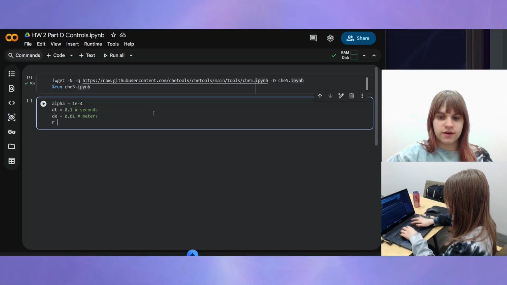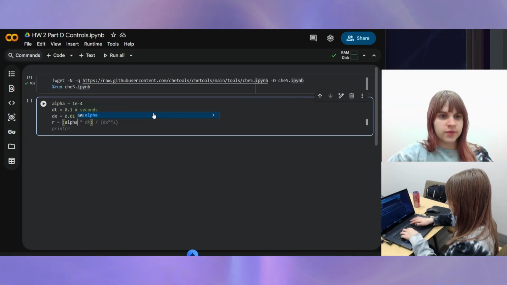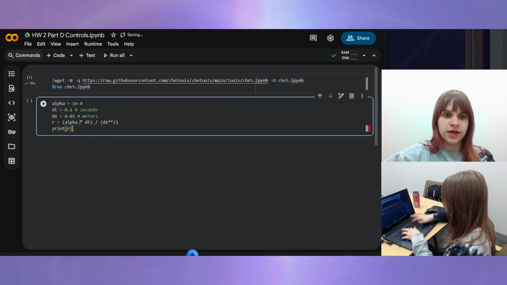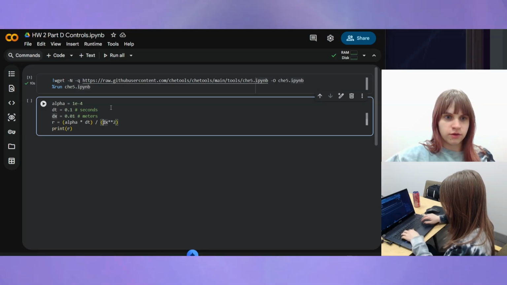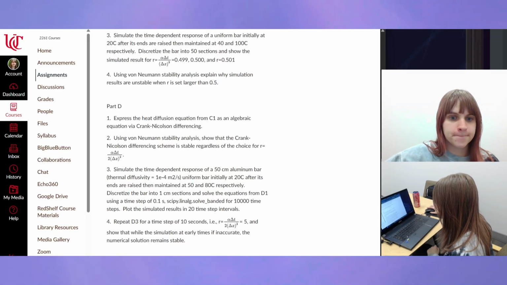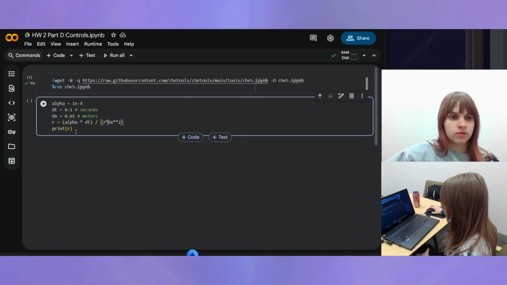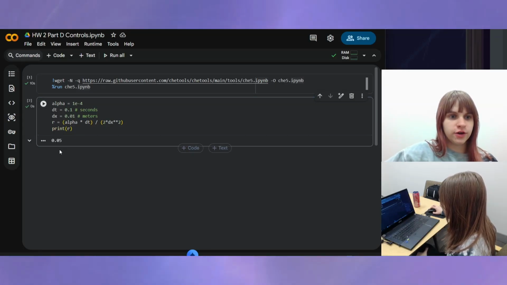And of course we have to define our r, so that was alpha times dt divided by 2 times dx squared. There should be also a 2 here. And then I can actually run this and get a value for r.